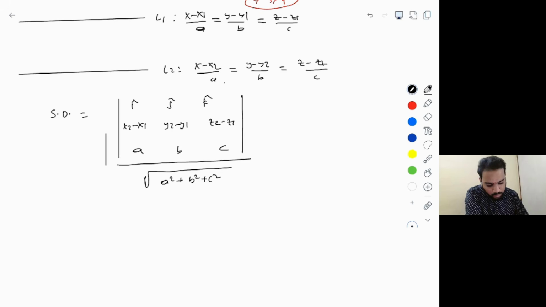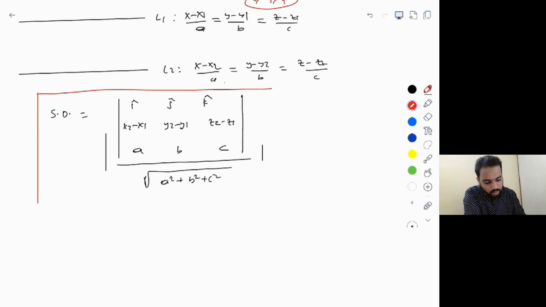Try to put a whole modulus to the numerator, because you're going to get a vector. Okay, so if you remember this formula, this question can be done in less than a minute.